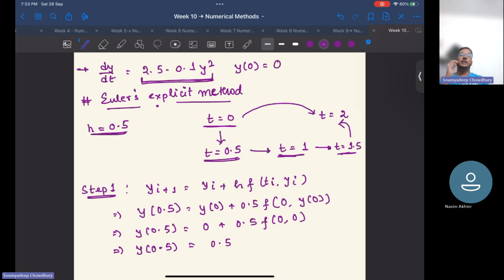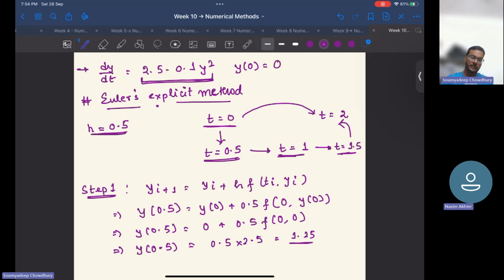So we'll be writing t_i comma y_i, right? So 0.5 f of 0 comma 0. That means t_i is 0, y_i is 0. So if you substitute it here, you will get 0.5 into 2.5. So y of 0.5 is 1.25. So is the application of this formula clear to you?